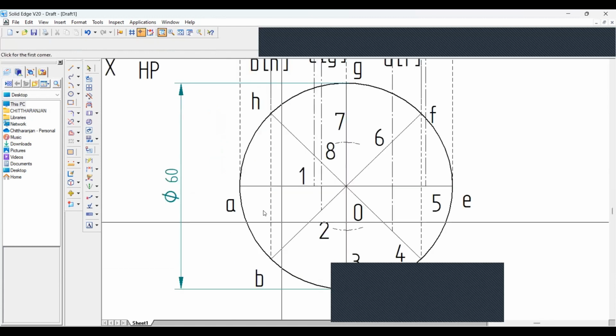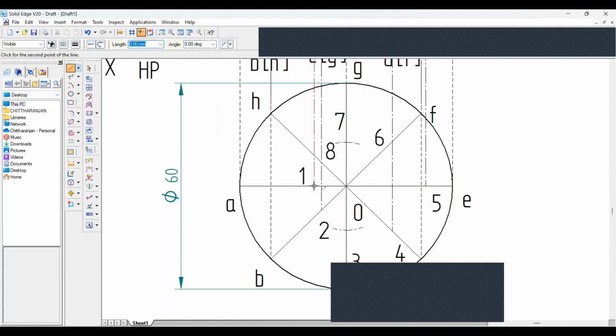Zoom it, join the lines, 1, 2, 3, 4, 5, 6. Sorry guys, here I made a mistake.